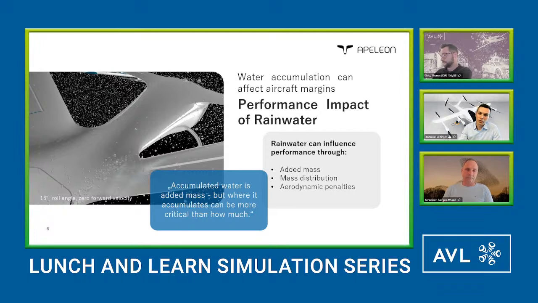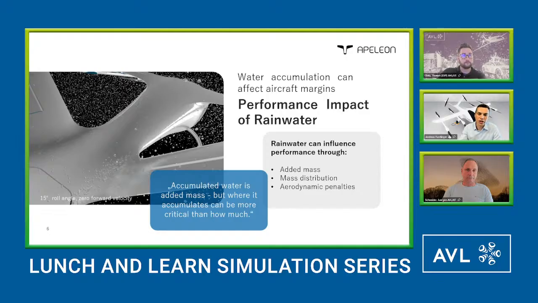And also mass distribution, depending on the aircraft architecture, it can shift the CG, it can shift the dynamics of the aircraft. So it can influence aerodynamic and flight dynamic behavior, and that might, or most likely is, a negative effect.